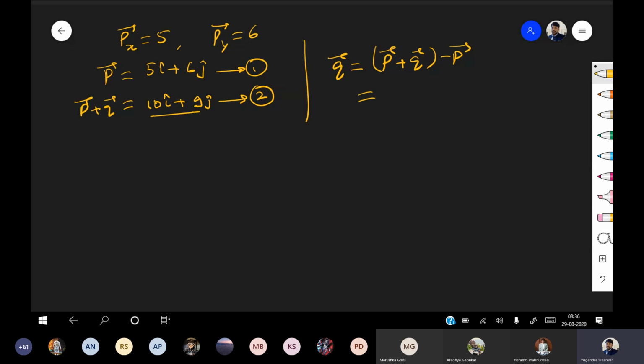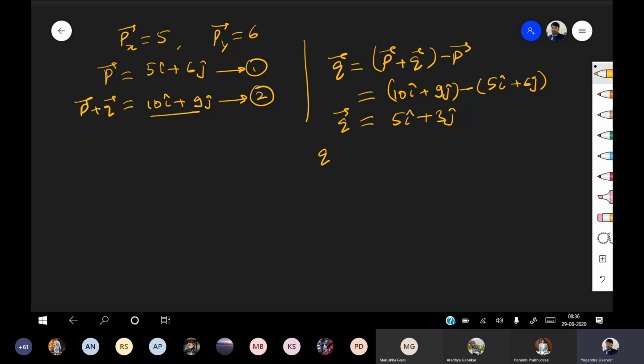So p plus q is 10i plus 9j minus 5i plus 6j. 10 minus 5 is 5i. 9 minus 6 is 3. So this is q vector.